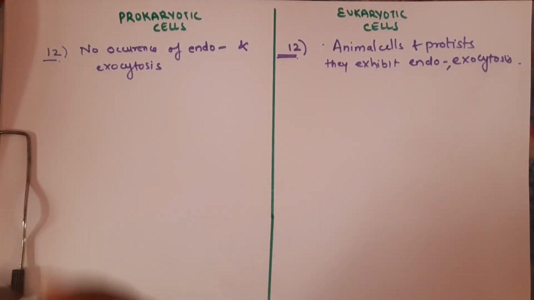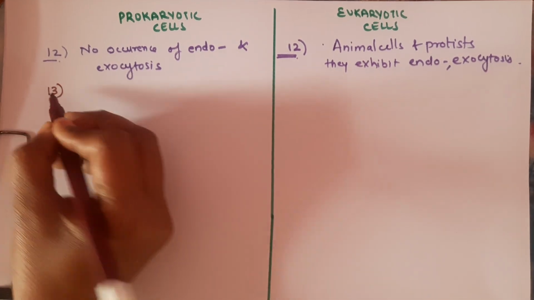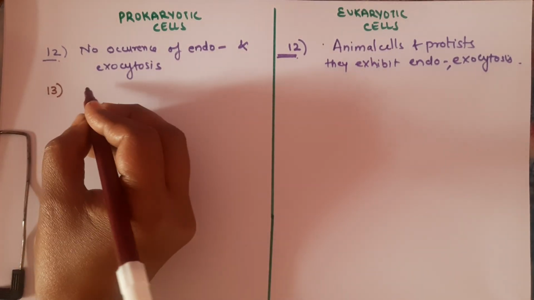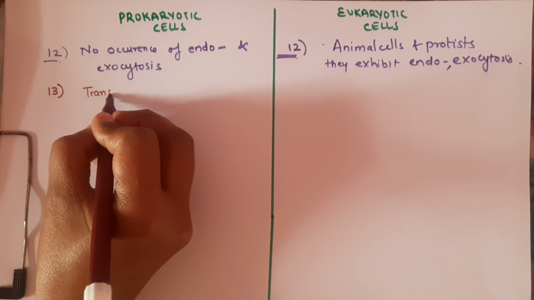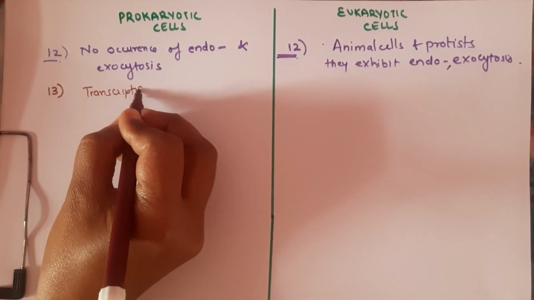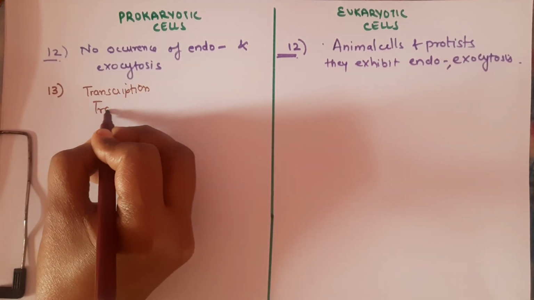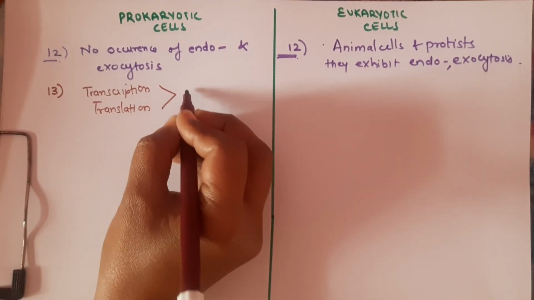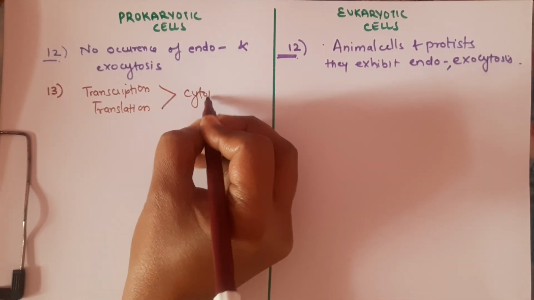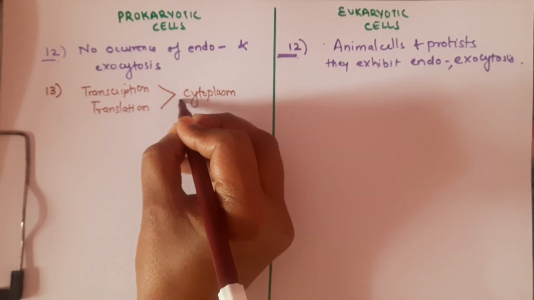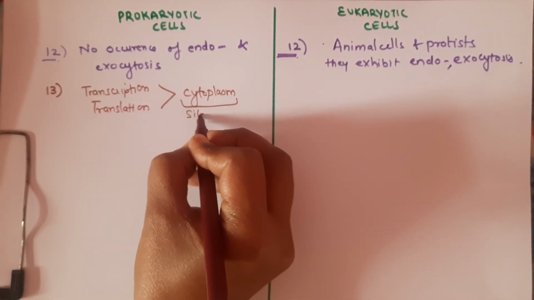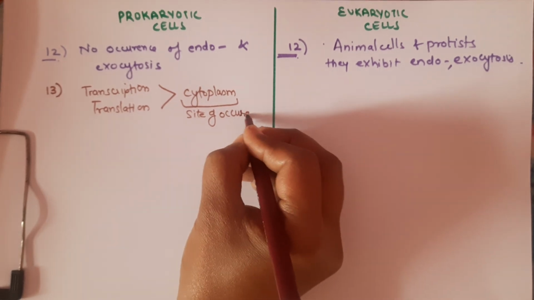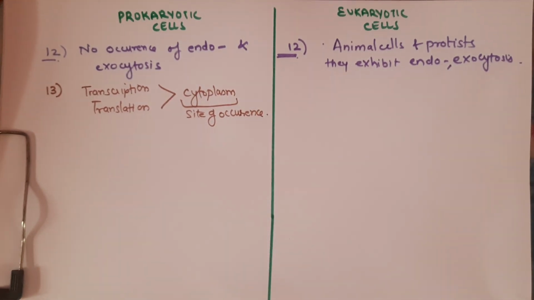The 13th difference between the prokaryotic cell and the eukaryotic cell is the transcription and translation. The site of occurrence of the transcription and the translation process is the cytoplasm in prokaryotes.